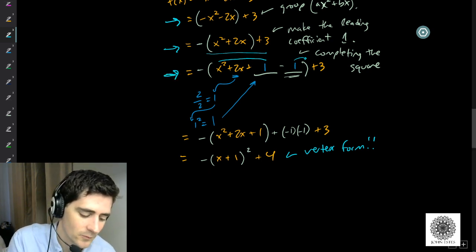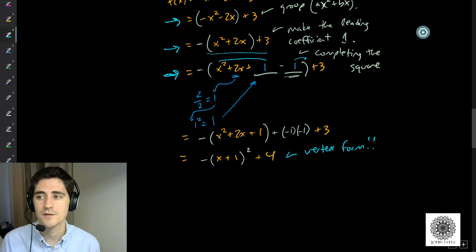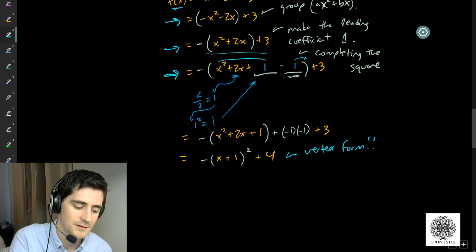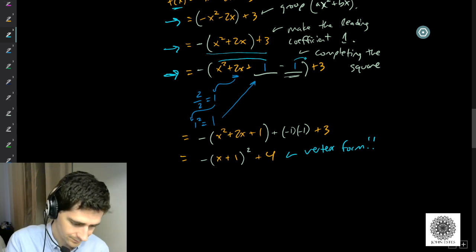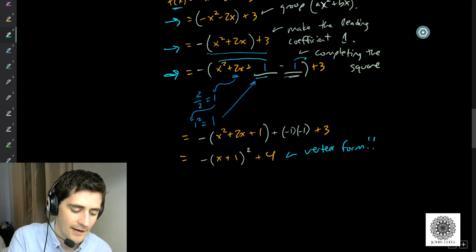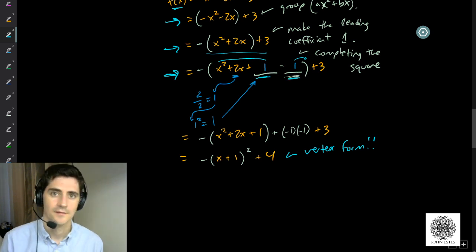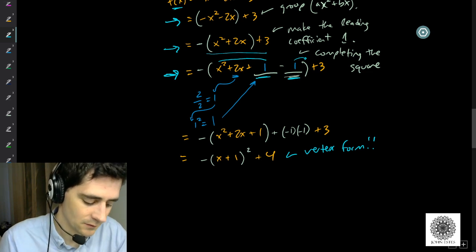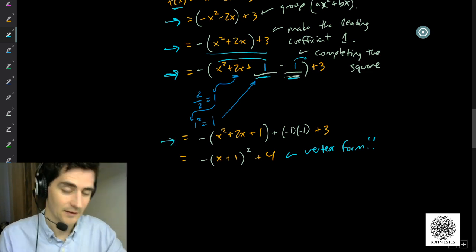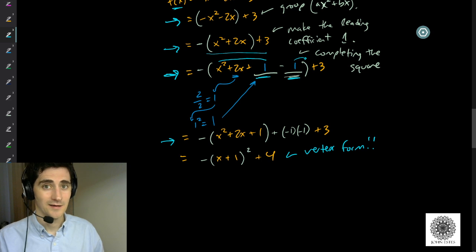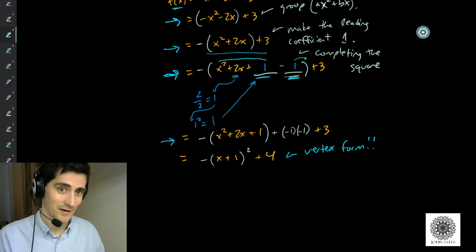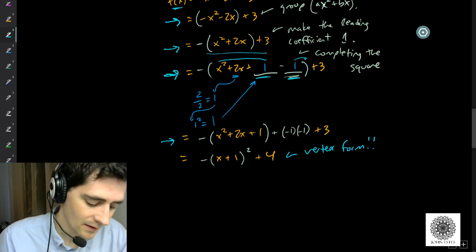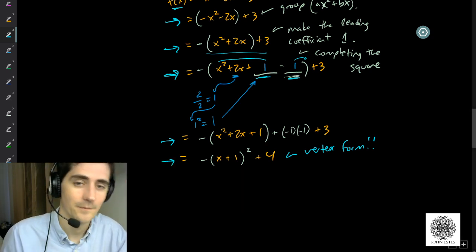And the only thing different was instead of adding it to both sides of my equation, which I can't do because it's not really an equation, this is just the definition of what f of x is, I had to add it and then immediately subtract it. Now in order to factor the way I want, I had to take out that negative 1 that was being multiplied by negative 1, right? Because everything in the parentheses is being multiplied by negative 1. And then finally I have it in vertex form.